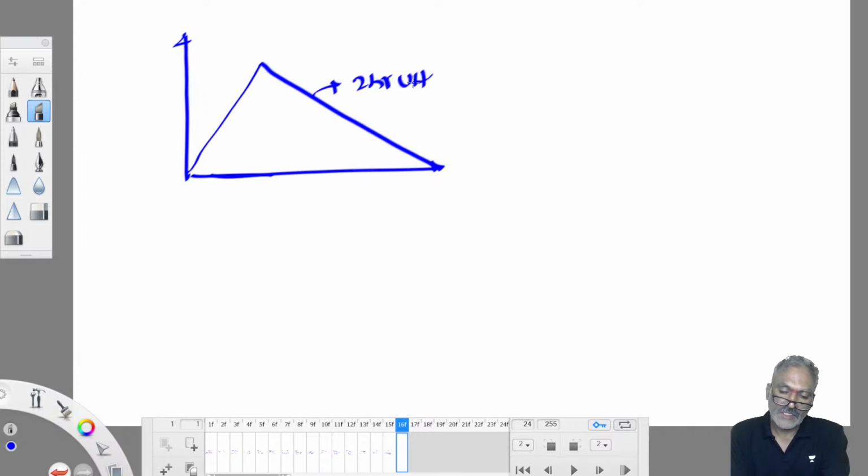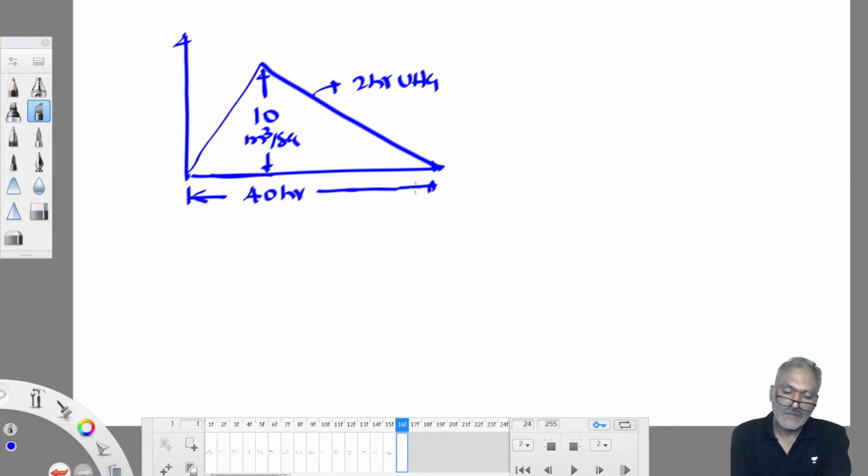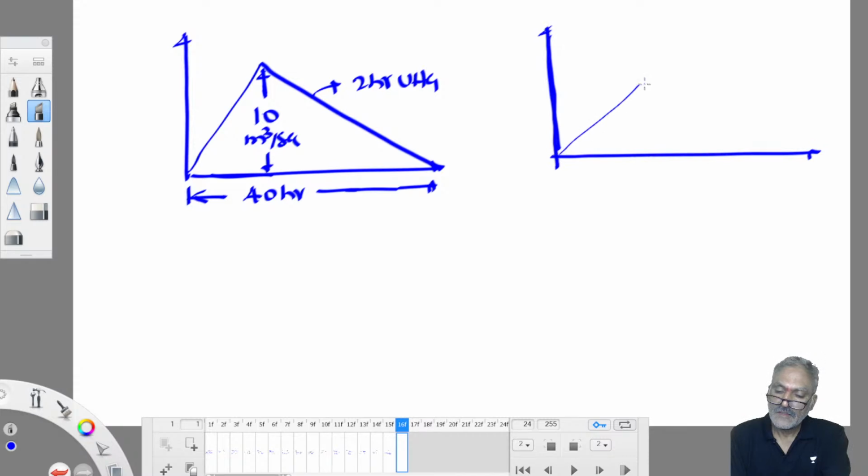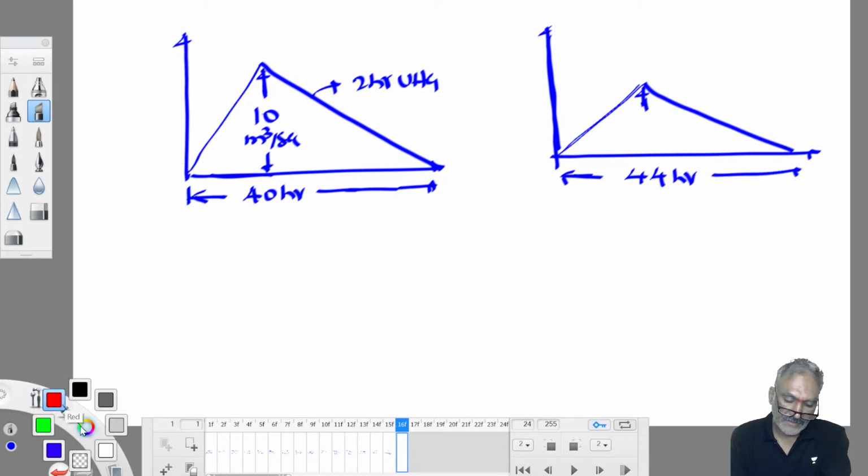A 2-hour unit hydrograph represents a 2-hour storm which has a peak discharge of 10 meter cube per second with a base of 40 hours. The same catchment receives a 6-hour storm producing runoff for 44 hours. So what is the peak discharge of the storm he is asking.